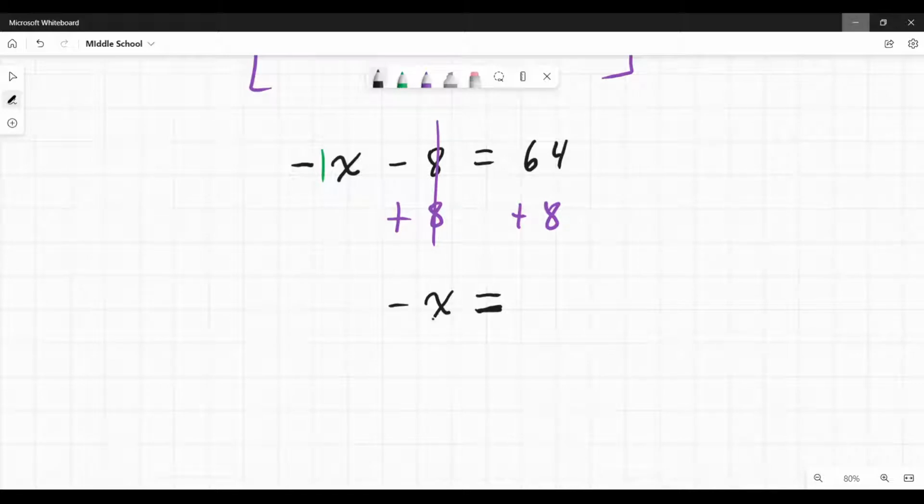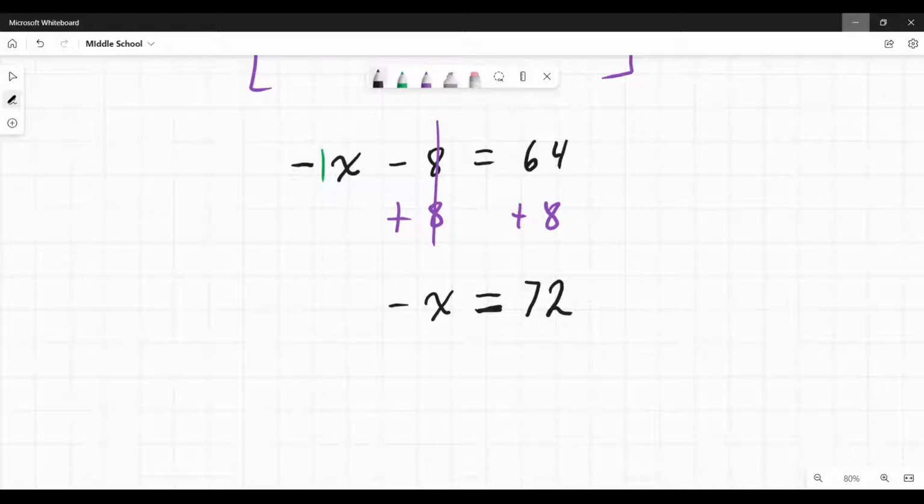Negative 1x equals 64 plus 8. 72. It's actually the right answer for once.